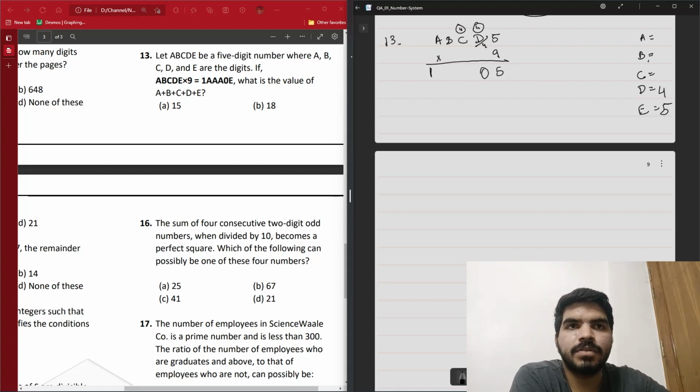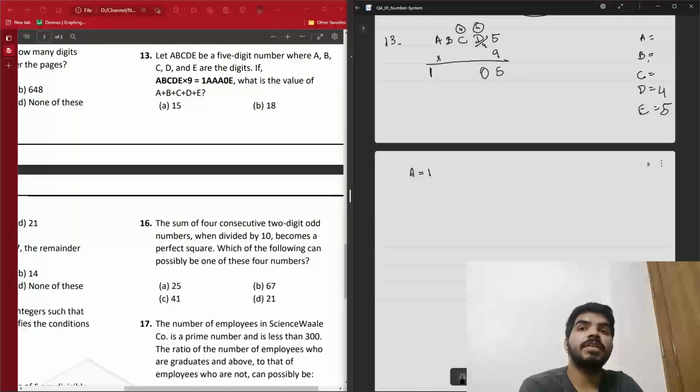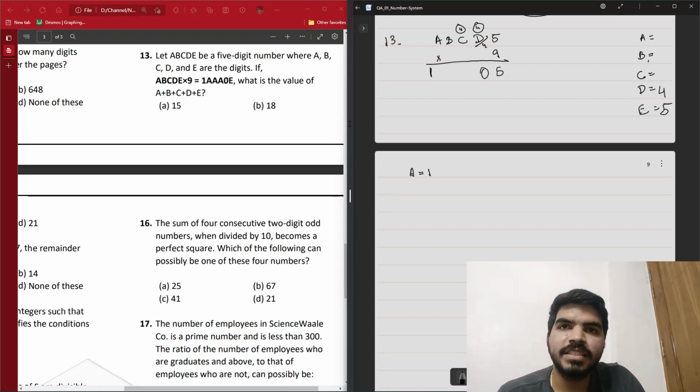Now, for a while, let's take A equal to 1. What if A is equal to 1? Then we have 3 same numbers here. That means you need to have 1, 1, 1, 1.